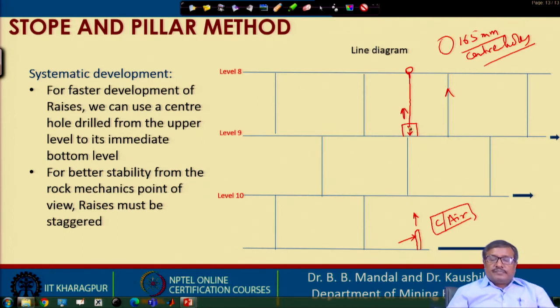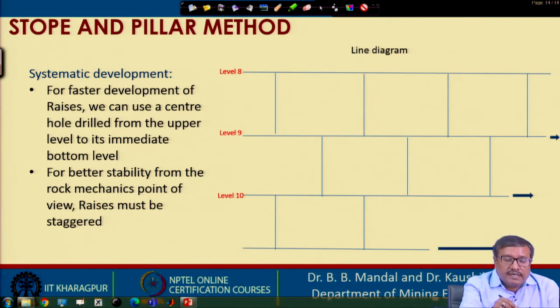In this particular drawing you must have seen that the raises are staggered. That means, one raise is here, one raise is here. Between level 8 and 9, the positions of the raises are like this, but between level 9 and 10 you see that the positions are staggered. Why?